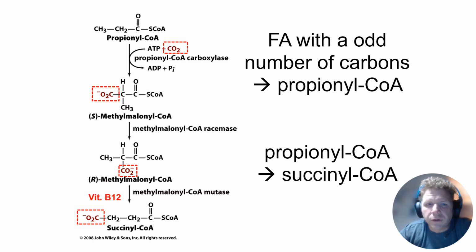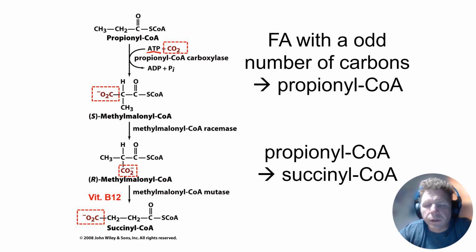Instead, what we want to do is take this from a 3 carbon molecule to a 4 carbon molecule. Because as soon as we get this to a 4 carbon molecule, then we can do something a little bit more familiar with it. Okay. Now, propionyl-CoA, the first thing that we're going to do is use an enzyme known as propionyl-CoA carboxylase. That enzyme is going to carboxylate our propionyl-CoA.